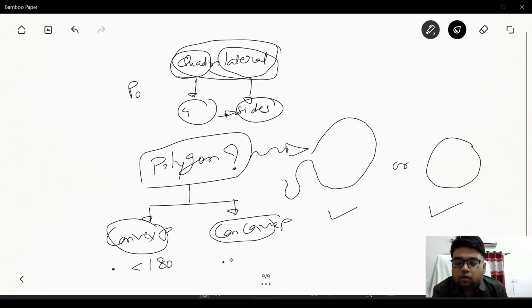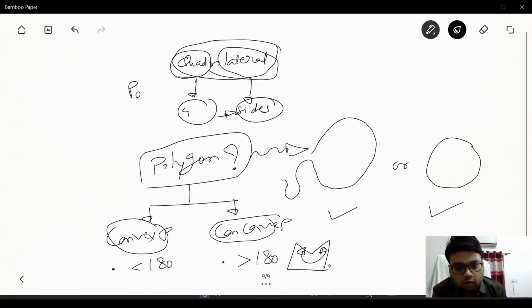When any one angle of a particular polygon is more than 180 degrees, then that polygon is called a concave polygon. If any one angle is more than 180 degrees, then that polygon is known as concave, just like this one is more than 180 degrees.